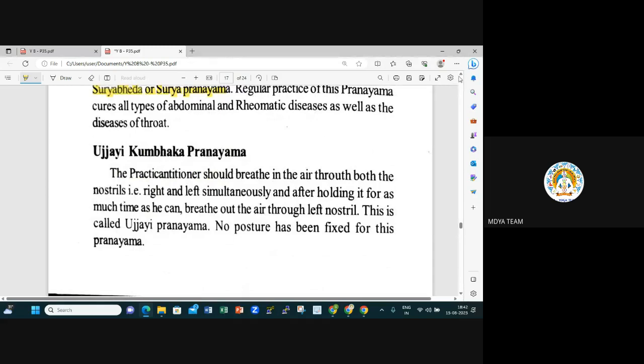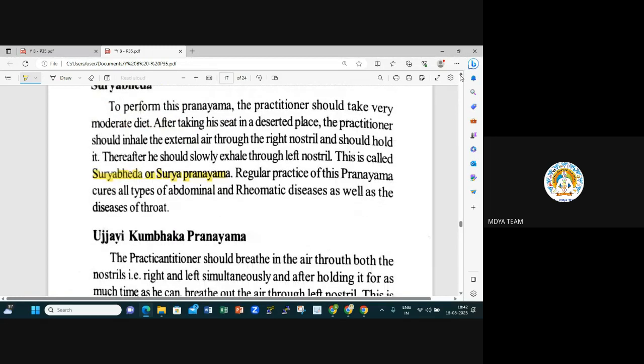Here in Surya Veda pranayam, what is the discussion? That you have to inhale the external air through the right nostril and should hold it. Only this much. Thereafter, he should slowly exhale through the left nostril.